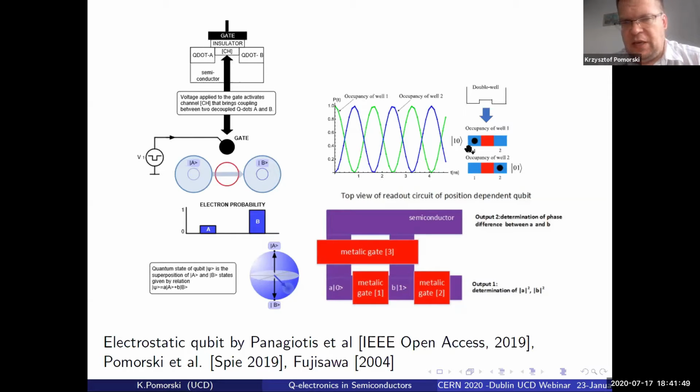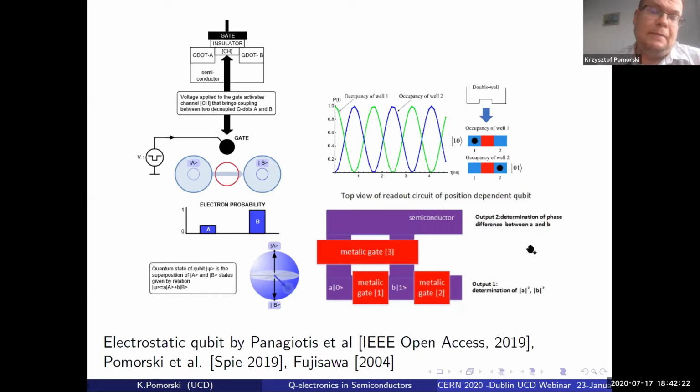You can encode the presence of the electron on one side as logical 1, and on the other side as logical 0. In principle, you have a superposition of those two logical states, and it's natural to identify the quantum state as spanned by two maximally localized wave functions, the Wannier functions: the left Wannier function and the right Wannier function.